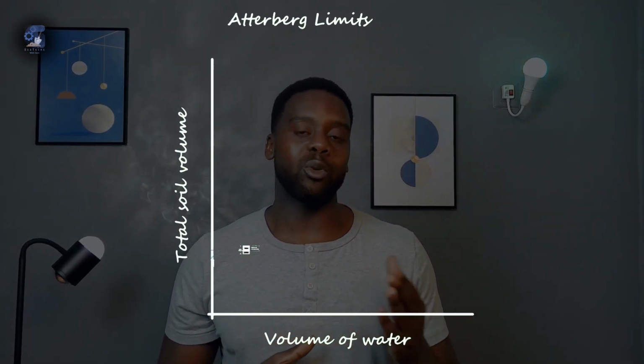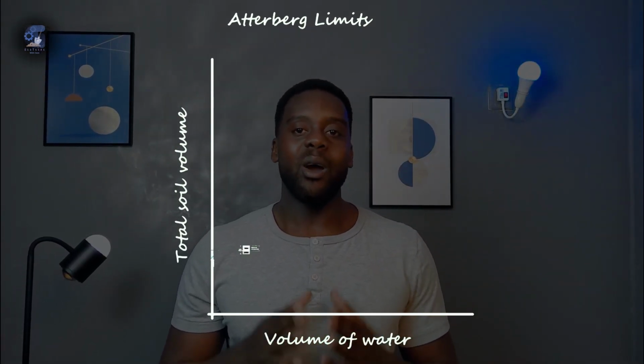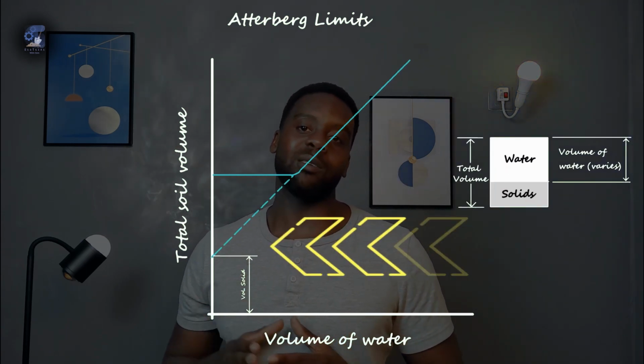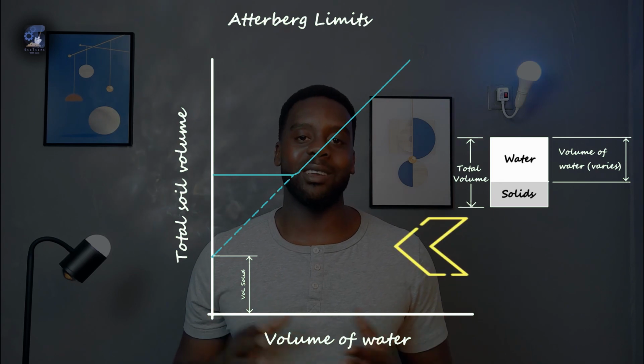Therefore, the engineering behavior of fine-grained soils is closely correlated with plasticity rather than gradation. The soil's plasticity is quantified in terms of the Atterberg limits, with values that correspond to the moisture content at which soil's consistency changes as it progressively dries from a slurry state.